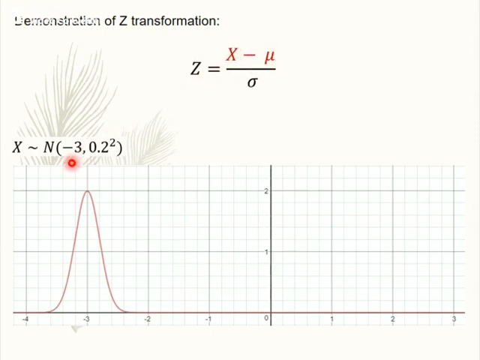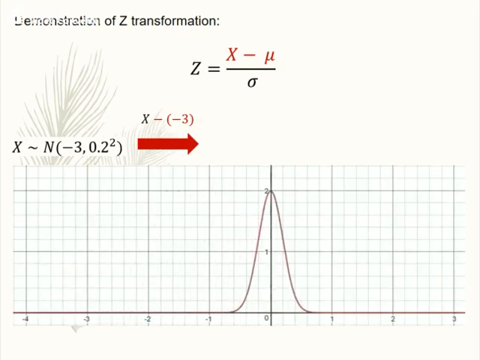In this case, that's -3. So ultimately, the result of this, hopefully you remember from calculus, is this is actually a translation. It moves the entire distribution so that the mean is 0. So ultimately, x minus -3 will have a normal distribution with mean 0 and then an unchanged variance.